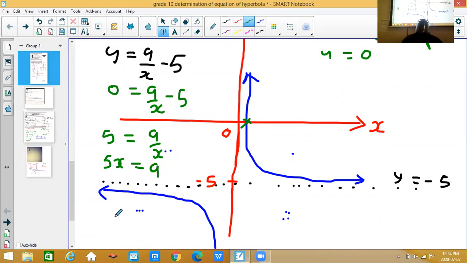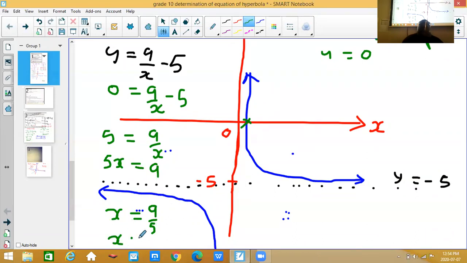Now, are we done? What is the value of x? What we need to do? We divide both sides by 5. So we say 9 over 5.